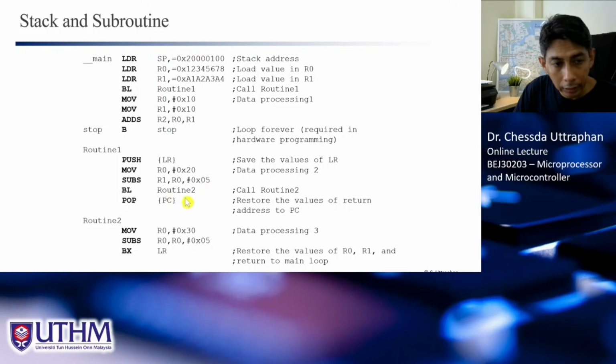And when we call routine number 2 here, the LR will be loaded with the new return address, which is this address, and the PC will be loaded with the address of routine 2, which is this one. And when we BX LR here, it will go back to this, and when you pop PC here, it will go back to this and run the next one, right? So that is how the microprocessor works.